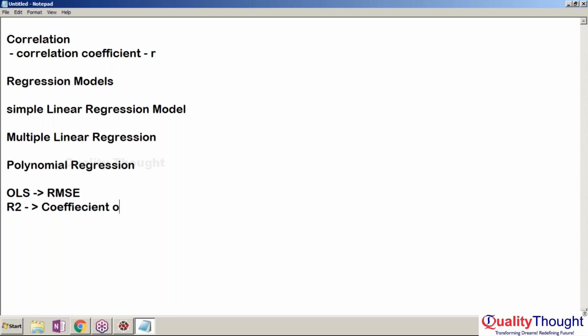Coefficient of determination. Coefficient of determination is something that we will use in order to understand the magnitude of the machine learning model, how well the machine learning model is built.